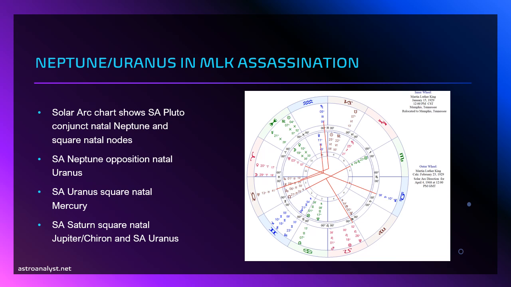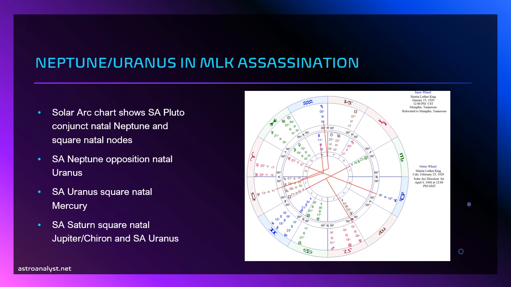And then you look at solar arc Uranus here, and that is squaring his natal Mercury. So you've got 13 Taurus 41, and then that comes up to 11 Aquarius 45. So that's happening. And with Uranus and Mercury, you would think that there's something going on with communication, with speech. And I want to take a look at that in a minute.